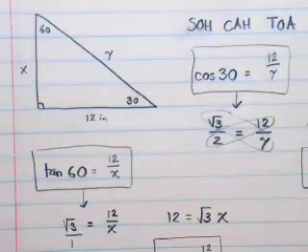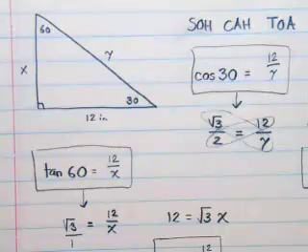Okay, so if you know those sine, cosine, tangents that we talked about, you can do this. And there's certain ones that won't work, but as long as it involves the side that you know, you can use sine, cosine, or tangent, and it doesn't matter. Like with this one right here, we could have done the tangent of 30 as well, right?